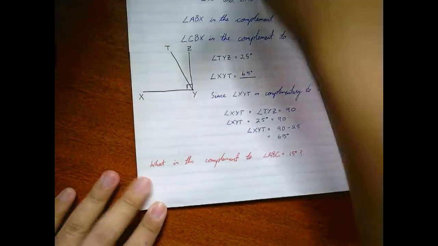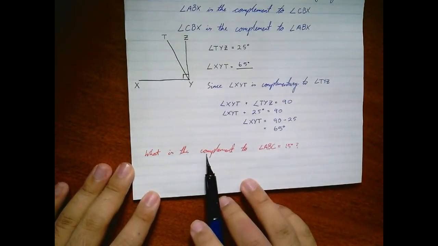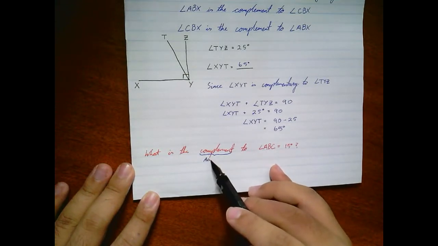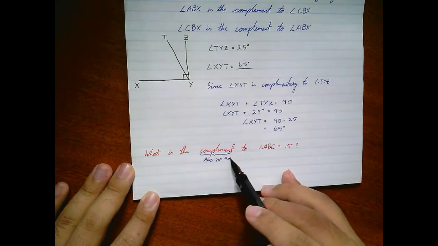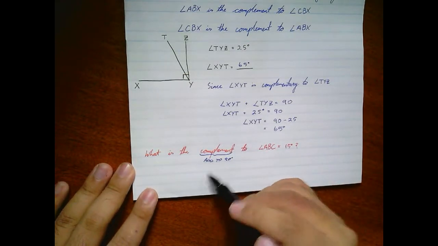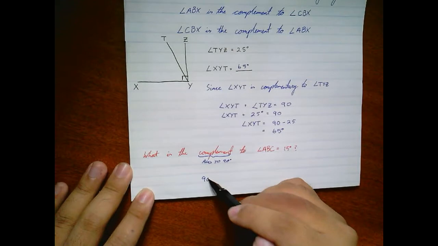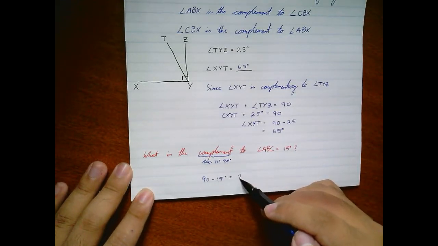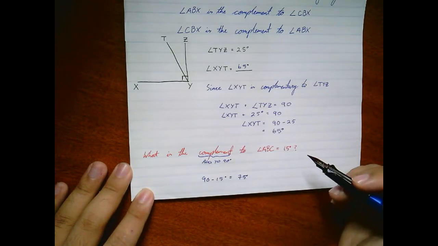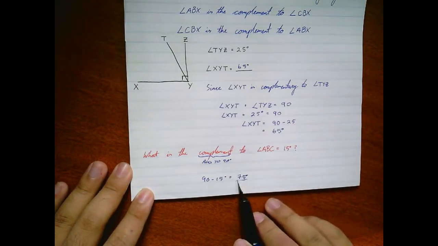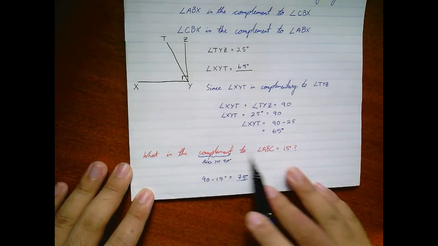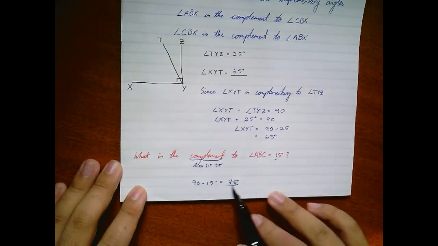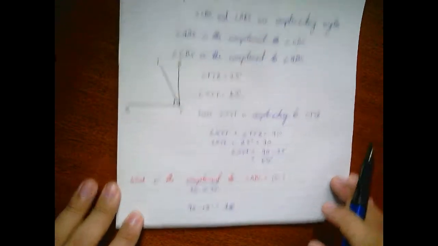So what this is asking us, well, since we know the complementary angle should add to 90 degrees, it would be 90 take away 15, which is equal to 75 degrees. So 75 is the complement to 15 degrees, because 15 plus 75 gives us 90.